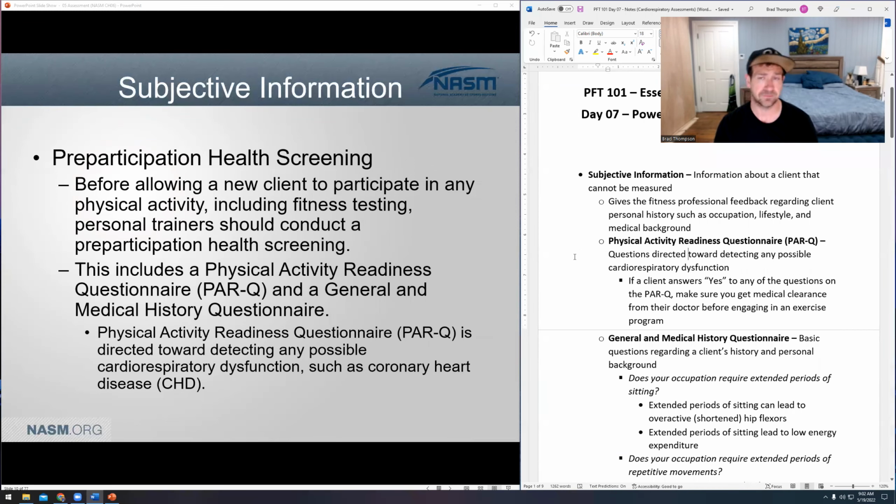Now, this is mandatory for anybody, not only because it's important to make sure you aren't going to take someone up the stairs and say, all right, we're doing 500 burpees today. You're not giving them the world's hardest workout and causing a heart attack. Not only is it important for that, but it's important to keep you and the client safe, right?